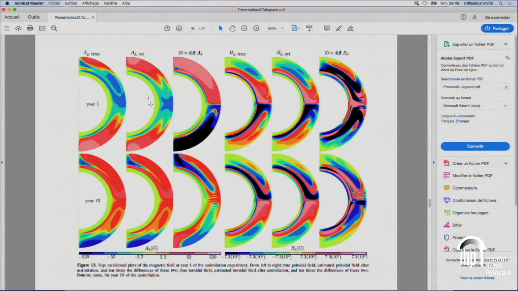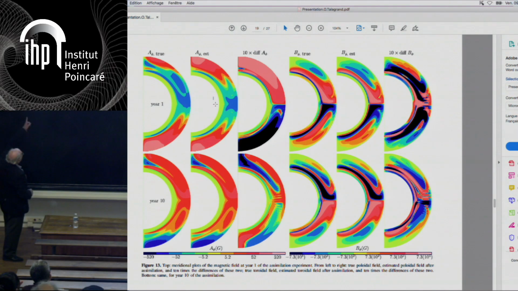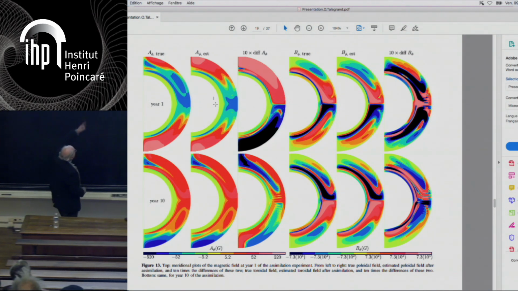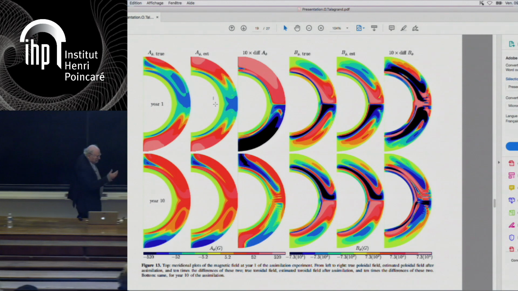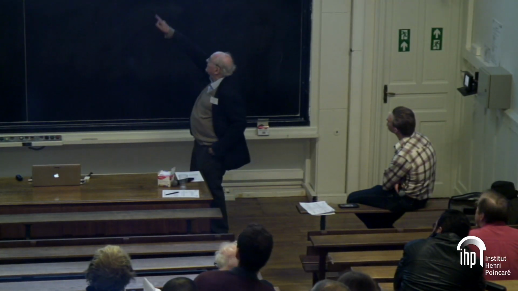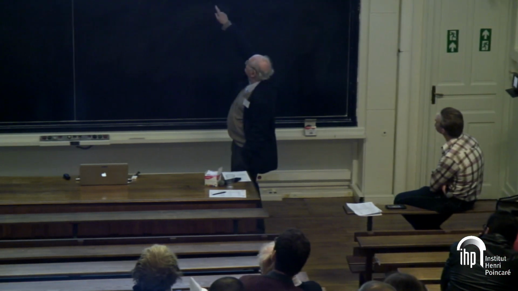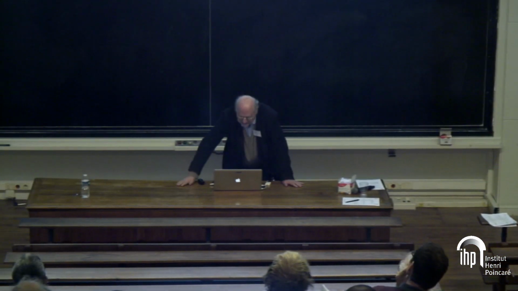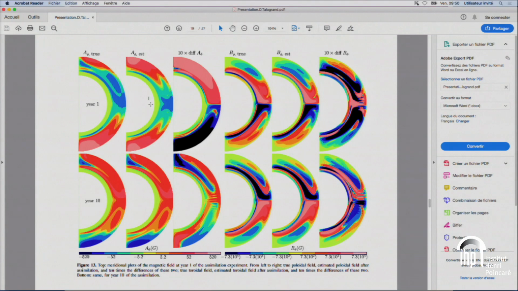You have results from year 1 on the top row and for year 10 in the bottom row. And if you look carefully, you'll see that the accuracy, this is the difference here between the real reference field and the reconstructed one, and you'll see that after 10 years, the difference is smaller than after 1 year. So accumulation, cycling the successive assimilation. Each assimilation is simply started from the result of the previous one.